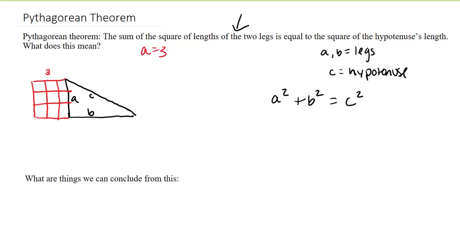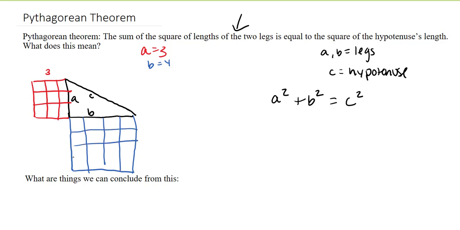And then B, if B is equal to 4, it's not going to be completely to scale, but you can see how this is 4 across and 4 down. So B squared, B is 4.